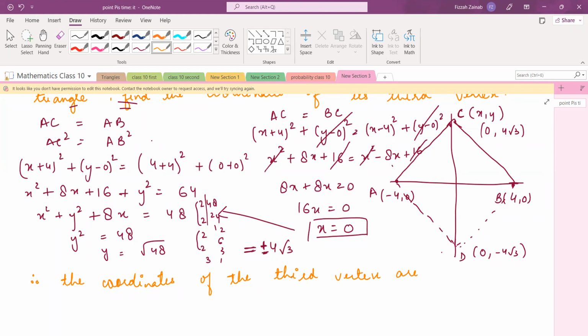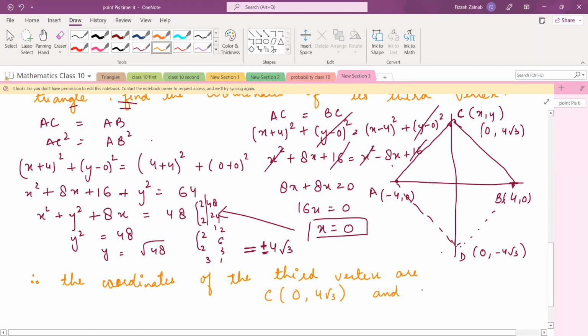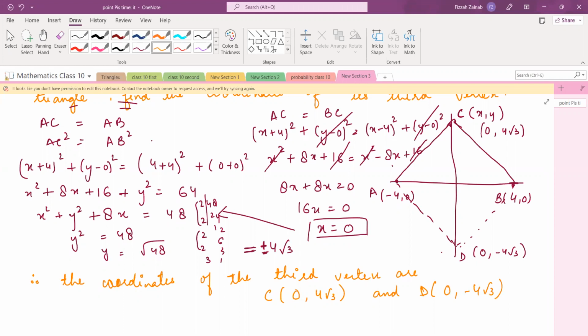So you will draw the figure. So it can be C, which will be 0 and positive 4 under root 3. And also this is another possibility, 0 and minus 4 under root 3. So you can equate any two sides. I think it doesn't matter.